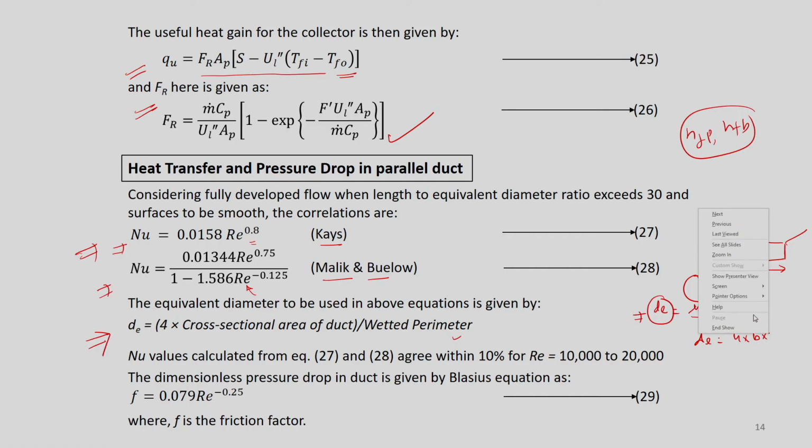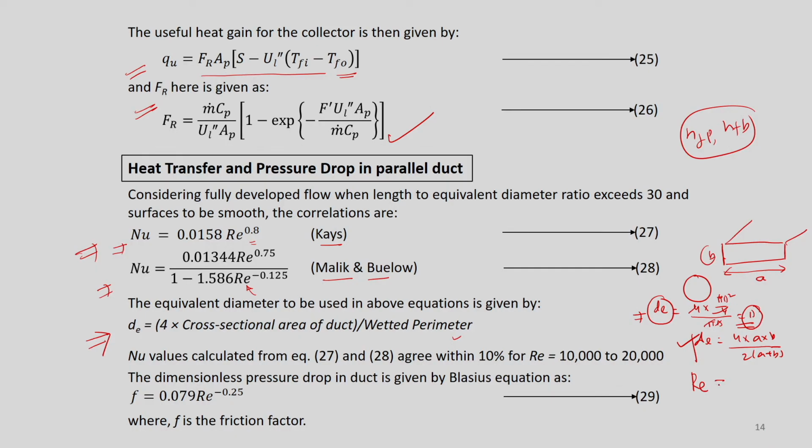Maybe I can say A, otherwise it will be confusing. So, A into B, divided by 2 into A plus B. That way you can calculate the equivalent diameter, and that diameter is required to calculate Reynolds number.